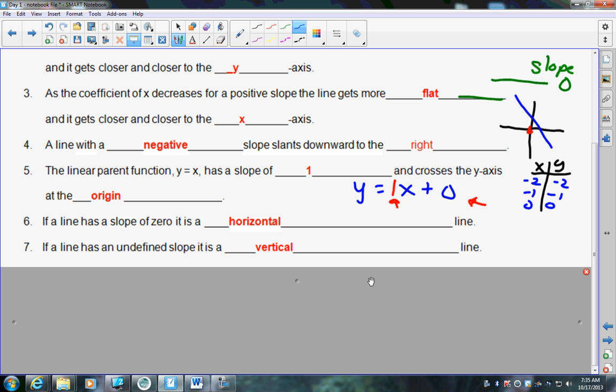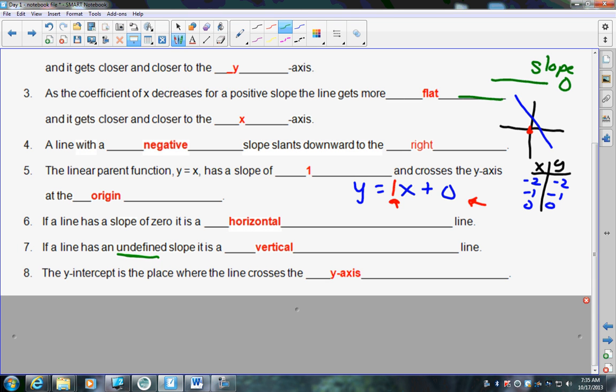If a line has an undefined slope, underline undefined so that you make sure you know undefined is a vertical line. The y-intercept is the place where it crosses the y-axis. Some of you need to remember which one is the x and which one is the y.